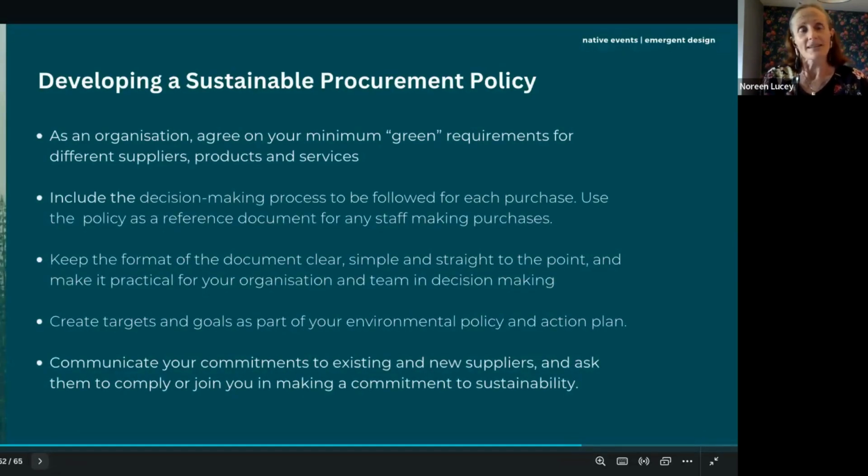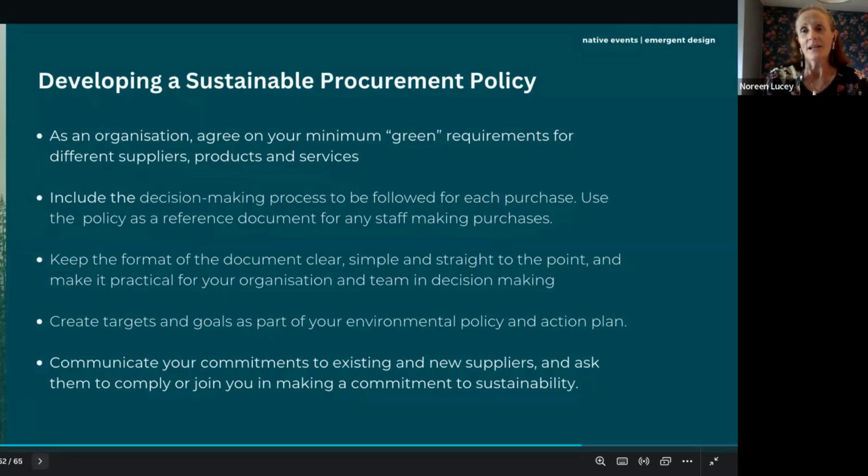It's a huge area, but maybe some key points would be, as an organization, come together and have this discussion, agree on your minimum green requirements for different suppliers and products and services. Look at the decision-making process: how is a decision made and what is the criteria?